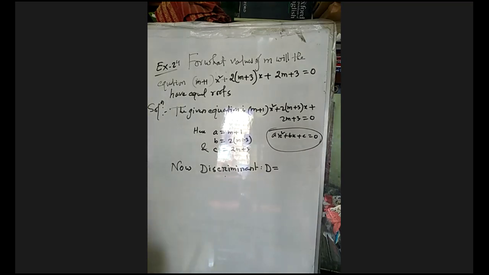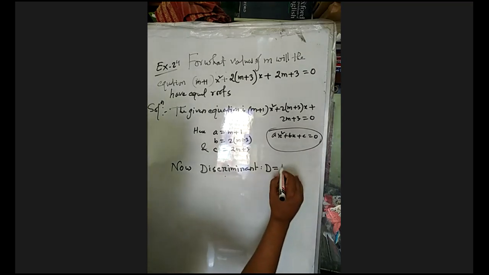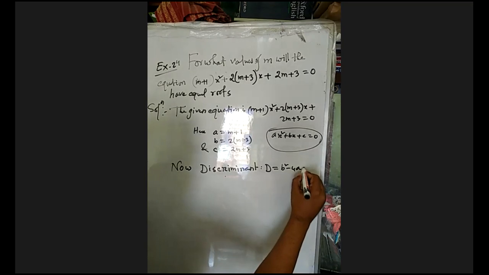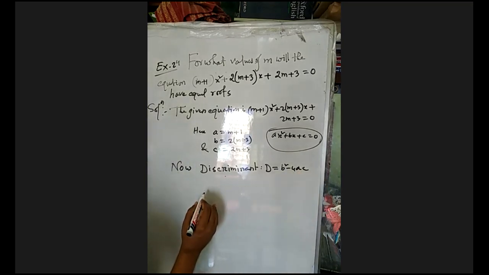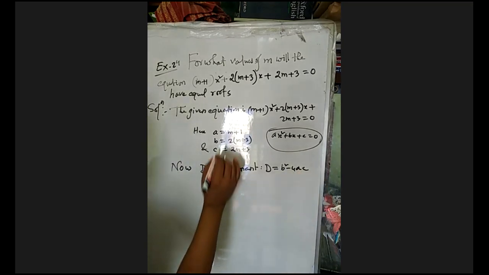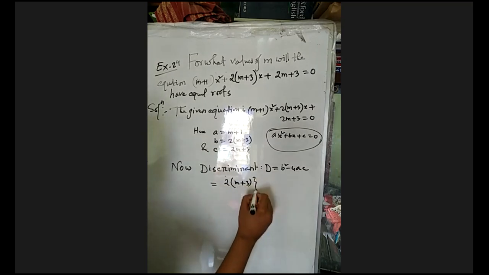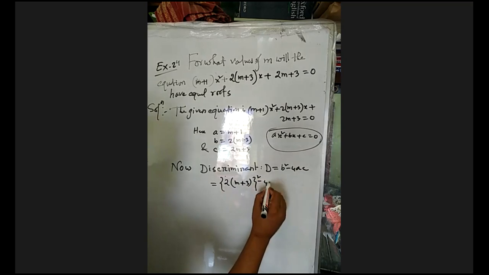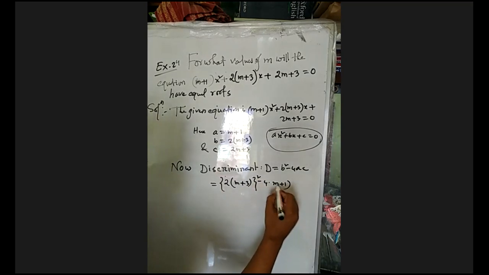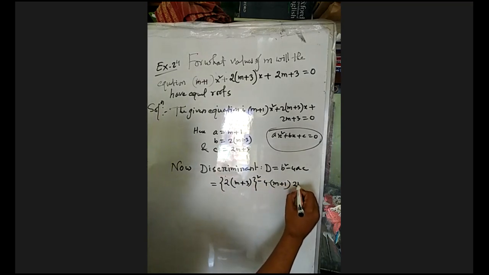Now from here, the discriminant will be what? D equals b² minus 4ac. So what will the discriminant be? b means 2(m + 3) whole square, minus 4a, means 4 times (m + 1), and c means what? 2(m + 3).